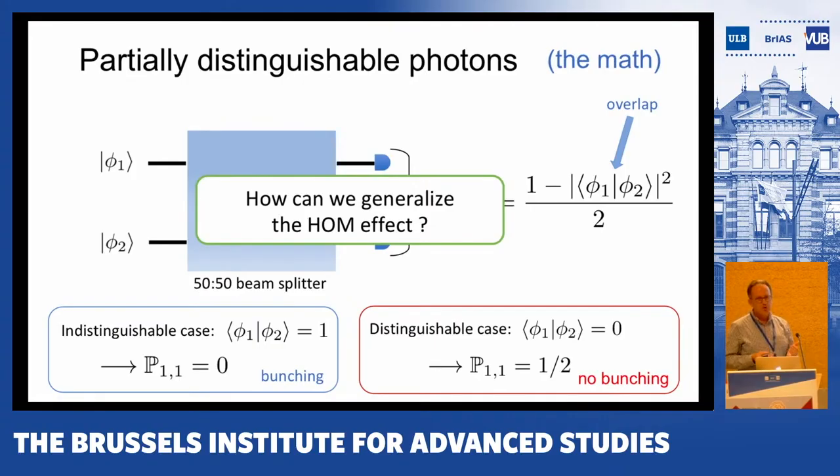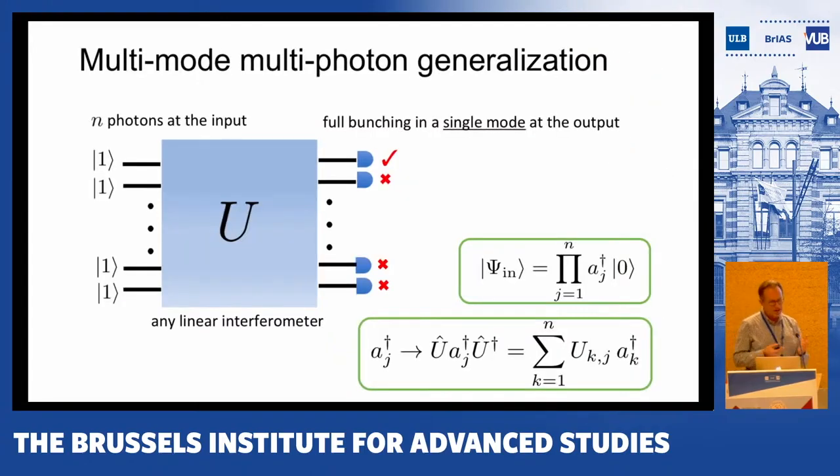So what I'm going to talk about is how we can generalize this effect to more interesting, more complex situations. There are many ways of doing this generalization. One of them is to consider a general interferometer. It is modeled by some arbitrary unitary U, so it's a linear interferometer. And we assume that we send one single photon in each of the input modes.